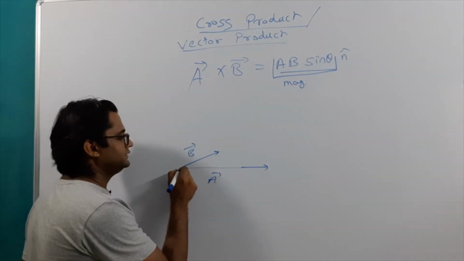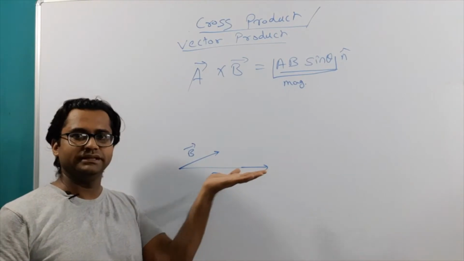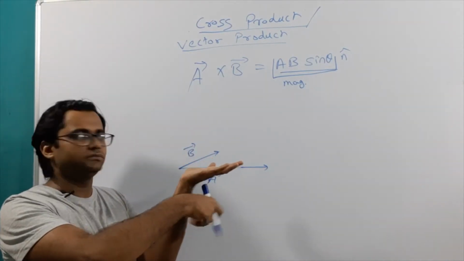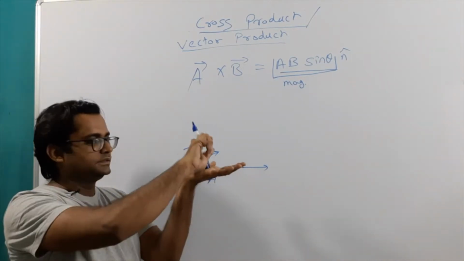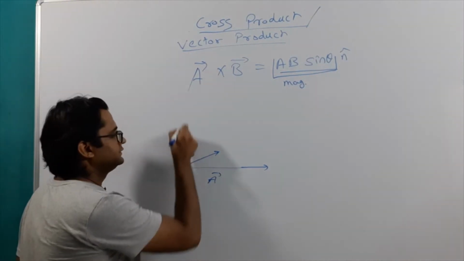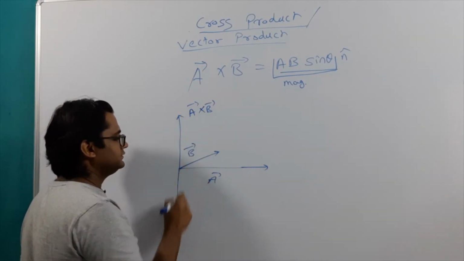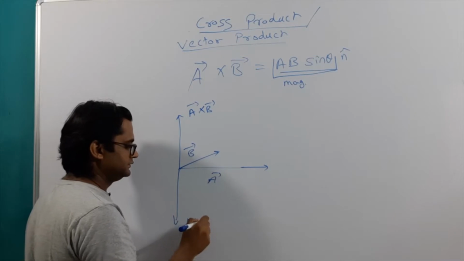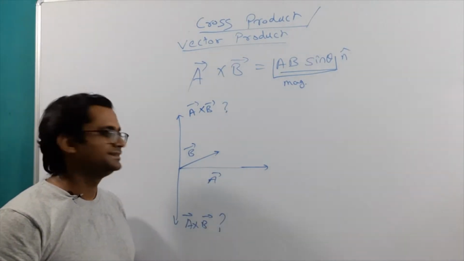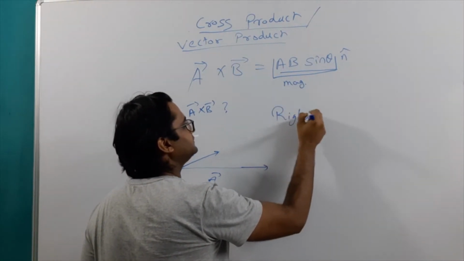Then their cross product is perpendicular to the plane of A and B. This is the plane of A and B. Then the cross product will be either up or down, since these are the two perpendicular possibilities. So which one to take? This can also be A bar cross B bar, or this can also be A bar cross B bar. So which one is the correct one? This is decided by the right hand thumb rule.